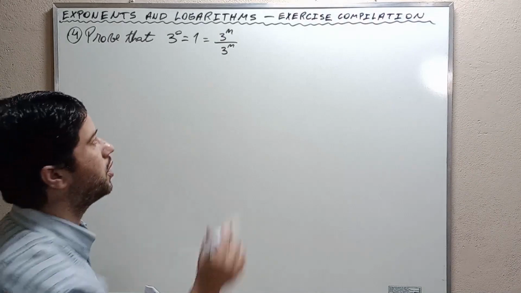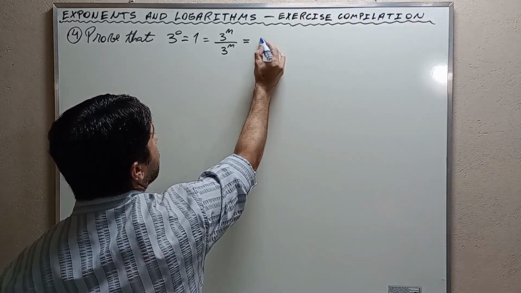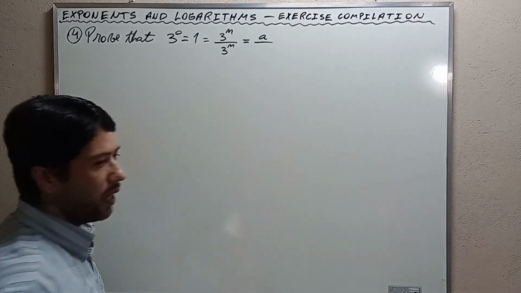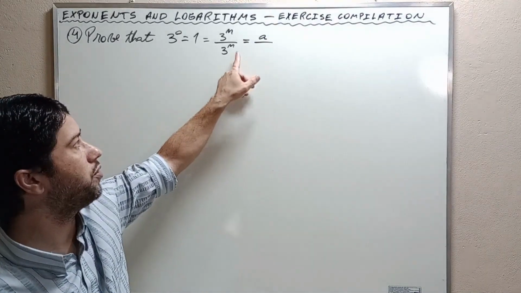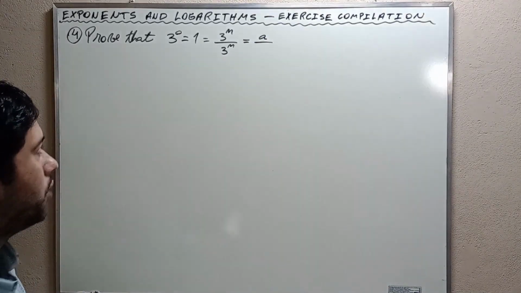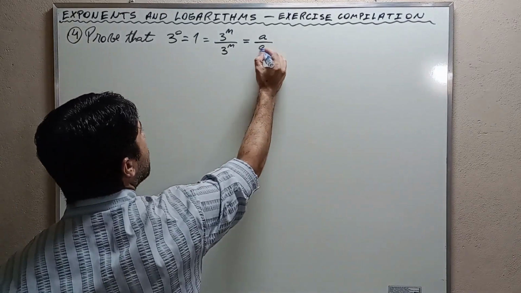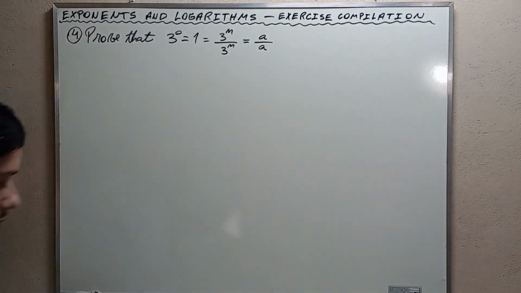Let's call this number A. But the same number is in the denominator. 3 to the nth is also equal to A. And A divided by A is equal to 1.